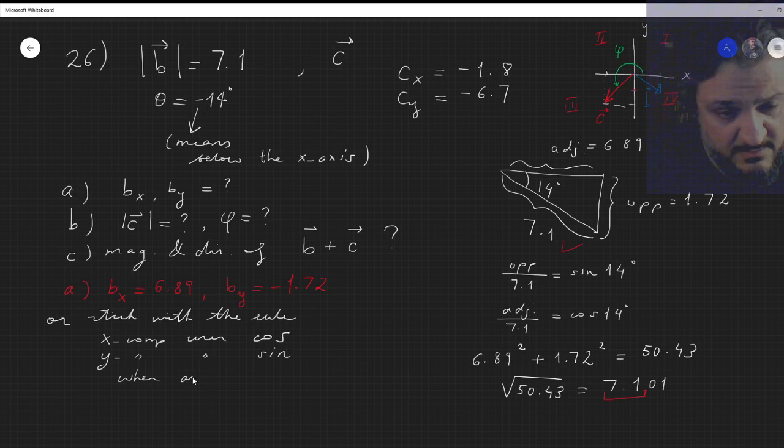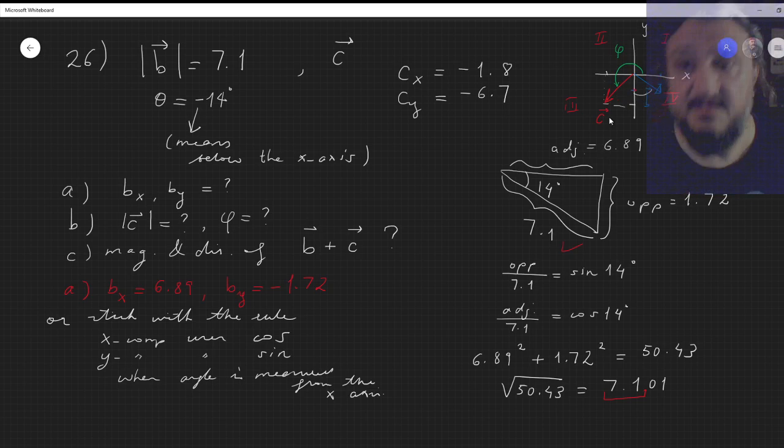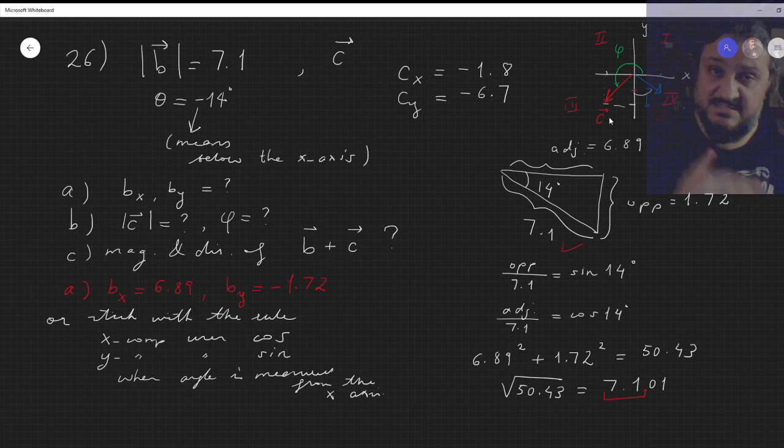If the problem gives an angle measured from, let's say, the negative y-axis, I would suggest you use your triangle method. Locate your right triangle, see which side is which, and use your trigonometry.